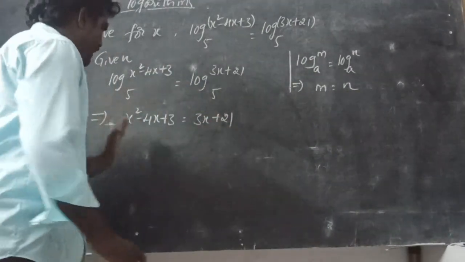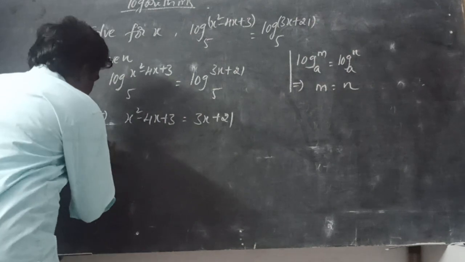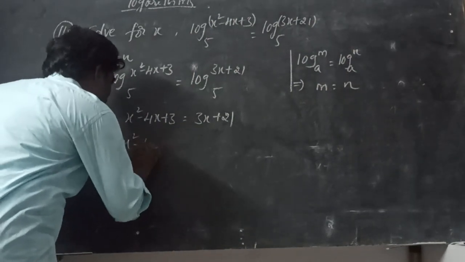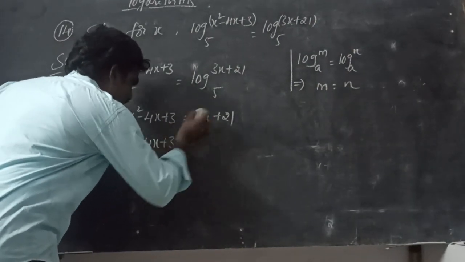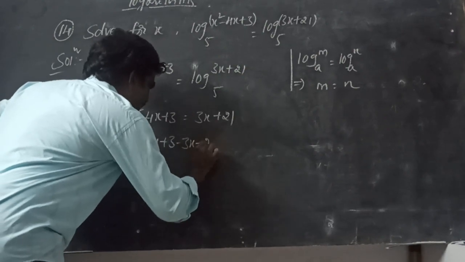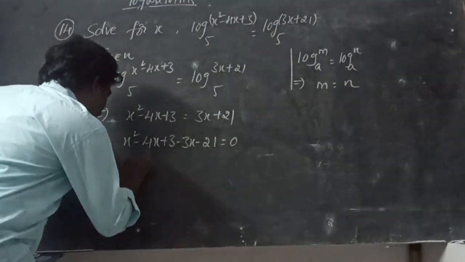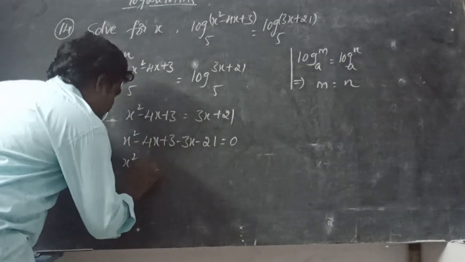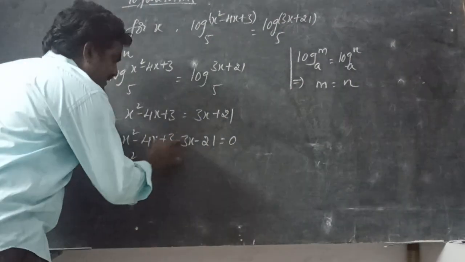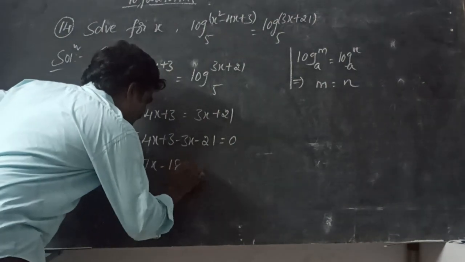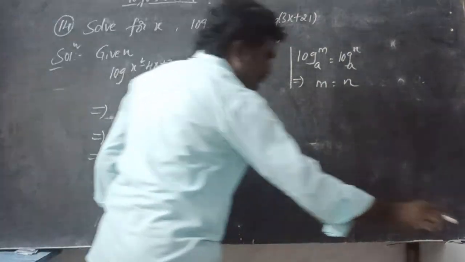So here take these terms to the LHS: x square minus 4x plus 3 minus 3x minus 21 is equal to 0. So x square minus 4x minus 3x is minus 7x, plus 3 minus 21 is minus 18, is equal to 0.